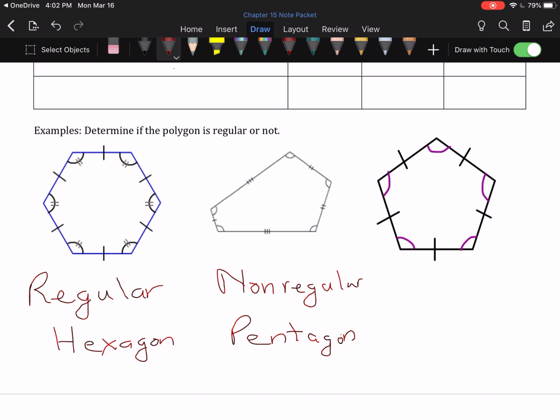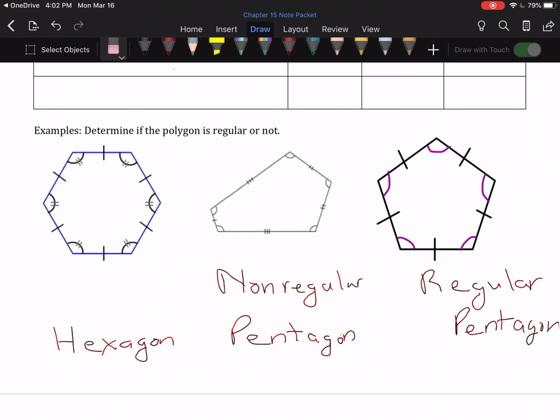Every other shape, if all 5 sides are congruent, then all 5 angles are also congruent, guaranteed. So, since I know all the sides are the same, I know this guy is regular. And again, he's 5-sided, so he is a pentagon. So, some shape identification, nothing crazy.